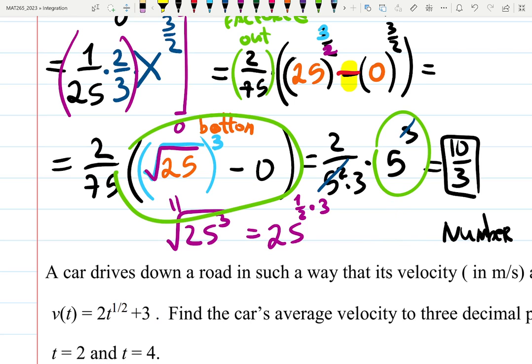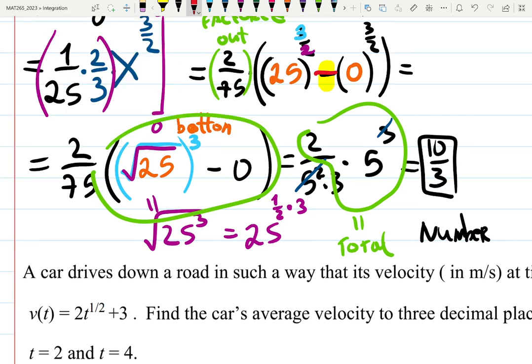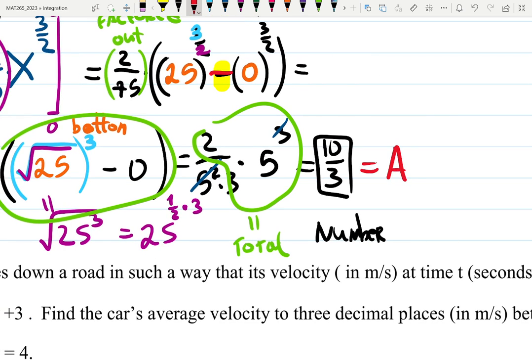So times 2/3. Let me carefully circle it. 2/3 times 5 cubed, that's the total area. But the moment I divided by 25, that gave me the average. Average area. That is not international notation, AVR, but Americans use it in their books a lot. Average value.